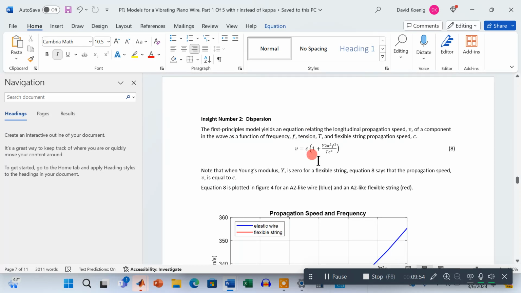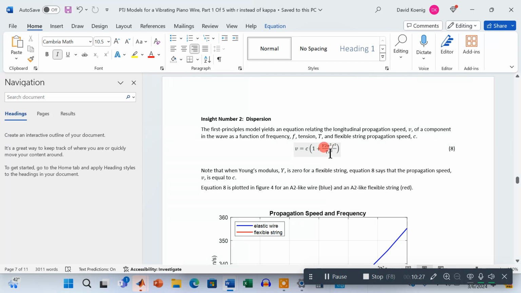Okay, equation 8, the speed of propagation v is equal to c, the speed of propagation of a flexible string, times the quantity 1 plus Y squared times pi squared times the frequency f squared, all divided by T, the tension, times the speed of the flexible string squared, c squared.